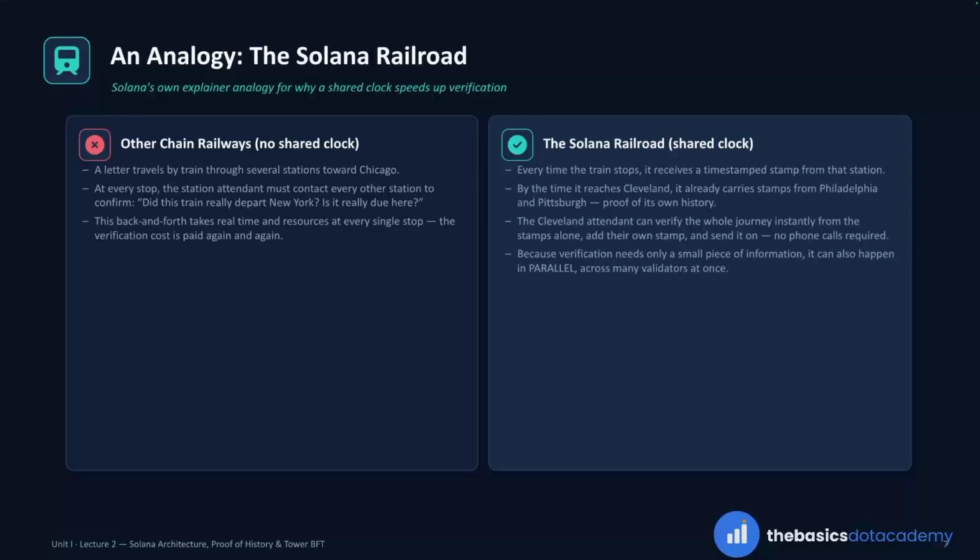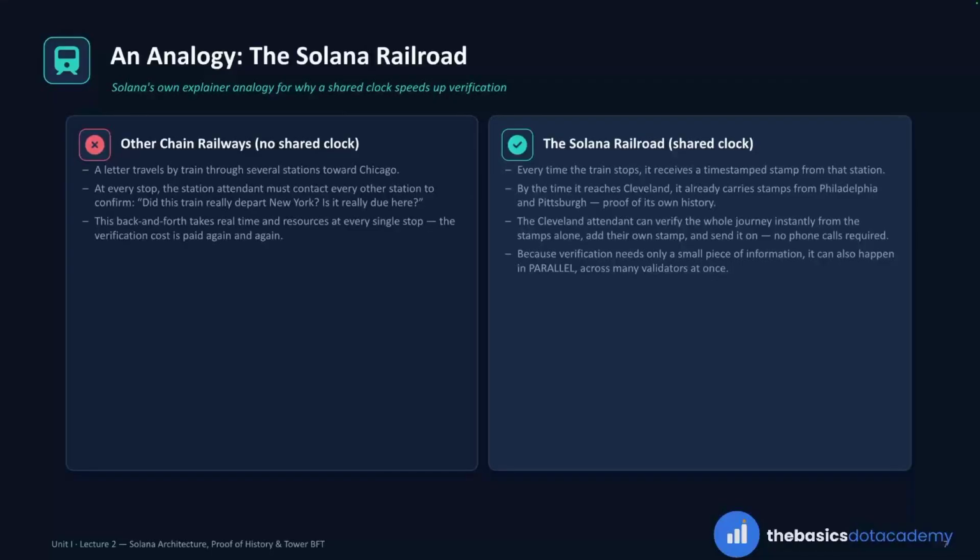Other chain railways, consider the Ethereum blockchain. In the case of other chains or Ethereum, there is no shared clock. What does it imply? Imagine there is a train traveling through several stations towards Chicago. At every stop, the station attendant must contact every other station to confirm: did this train really depart from your station?